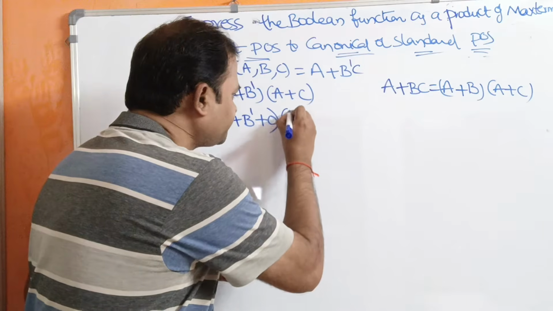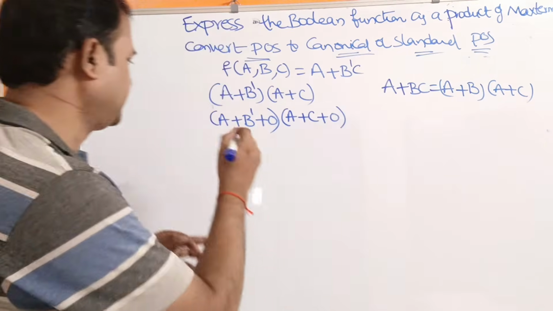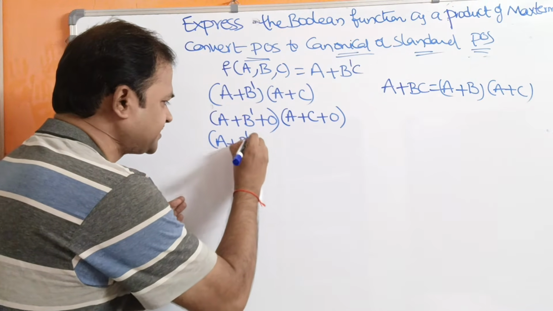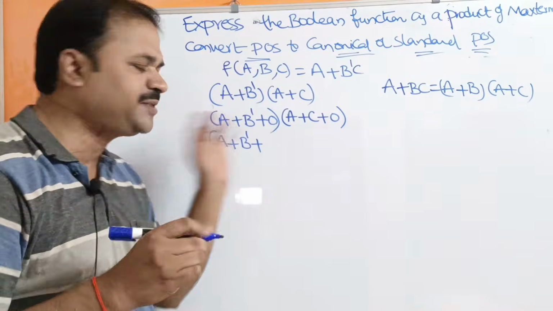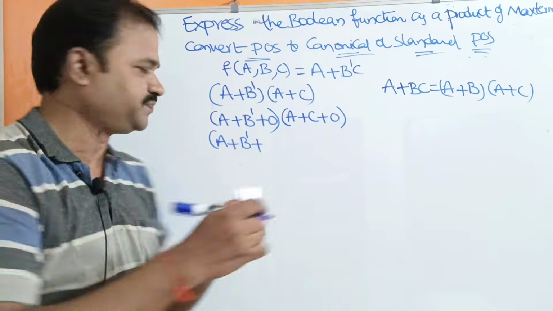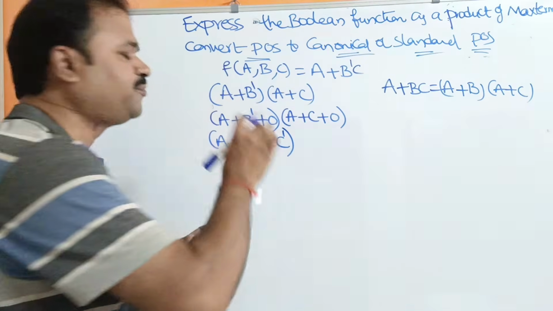Likewise here also, in order to obtain b, let us add 0. So next, a plus b dash plus, here in order to obtain c, replace 0 by c bar. Why? Because here we have to obtain c.